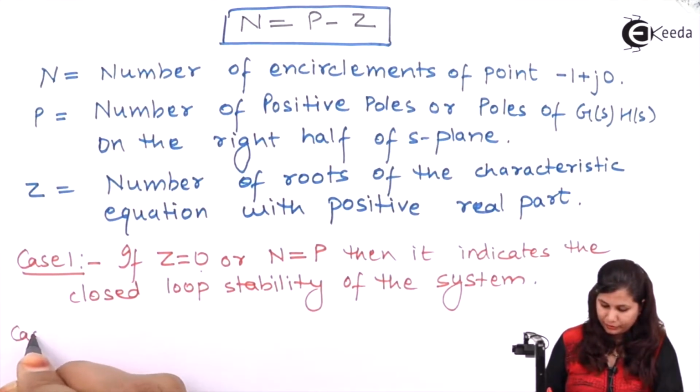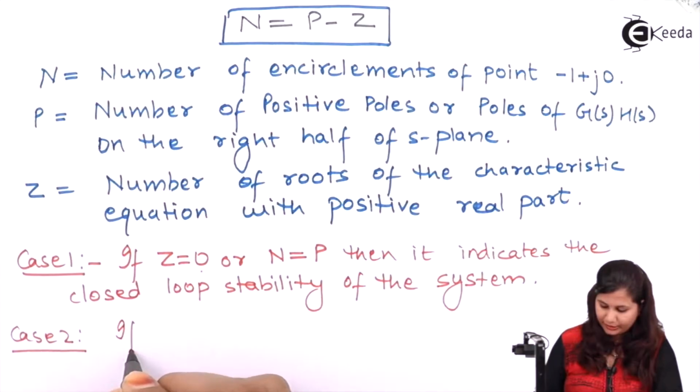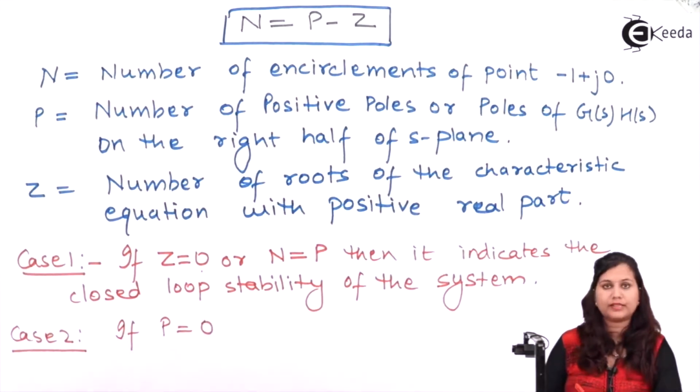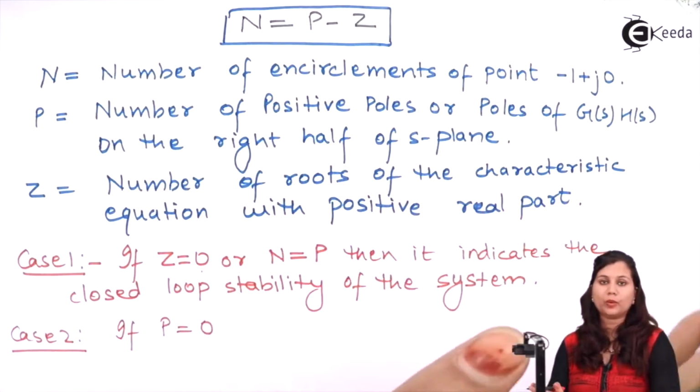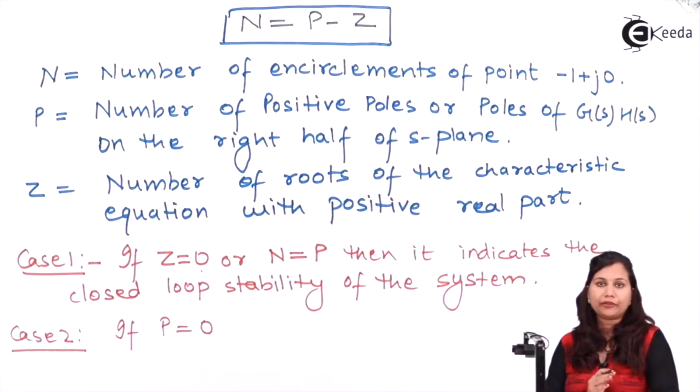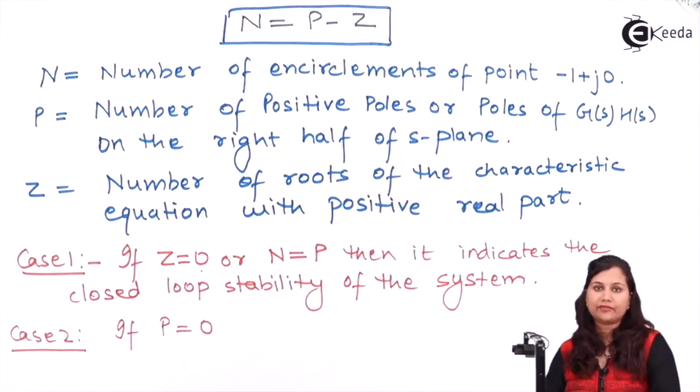Now case number 2. Case number 2 is when P is equal to 0, that is, the system has no positive poles, all the poles are lying on the left half of the S plane and having negative real part.